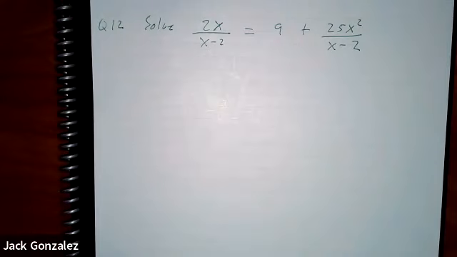I think it was 9. No, similar to 8 and 7. So we gotta cancel by multiplying by the LCD. What's the LCD here? x minus 2.